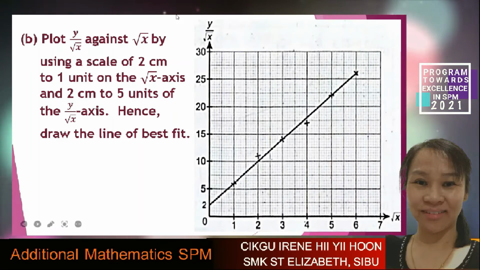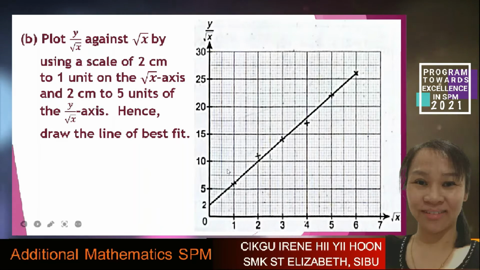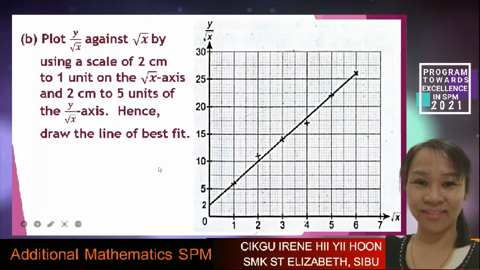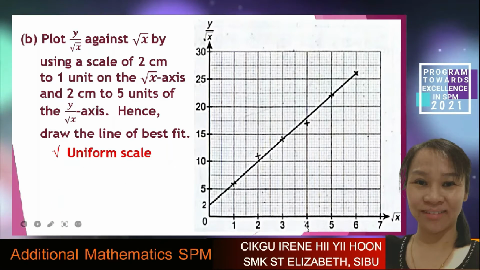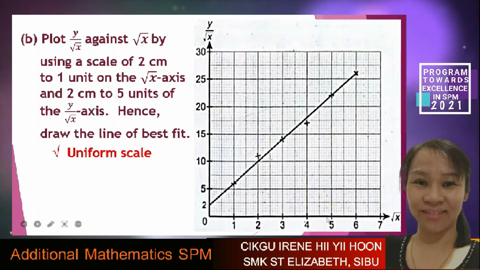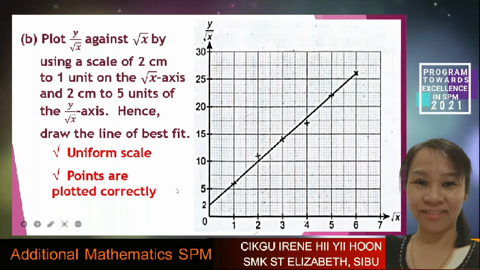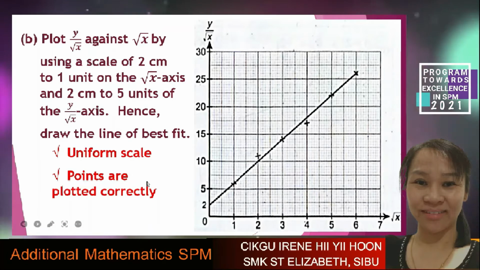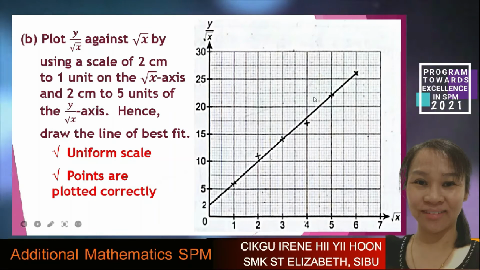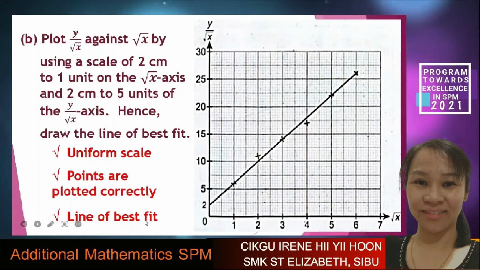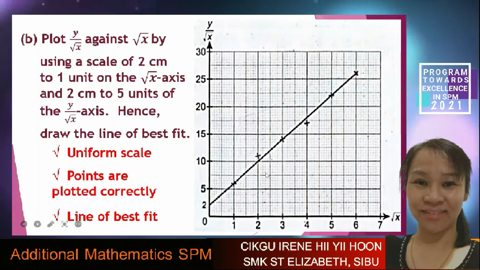This is the graph drawn where we must make sure that the uniform scale is used in the graph. Second, we have to make sure that the points are plotted correctly. And finally, the line of best fit is drawn.